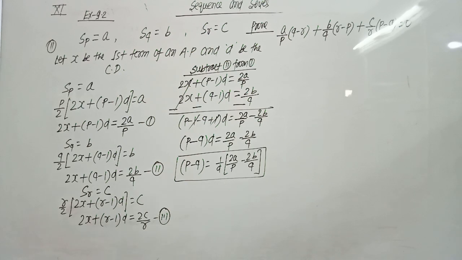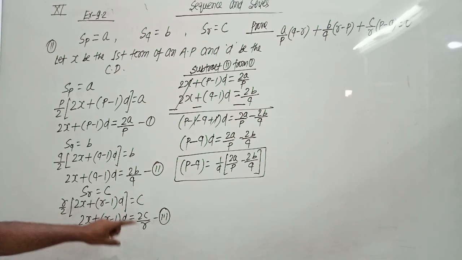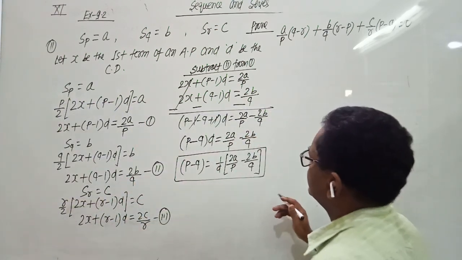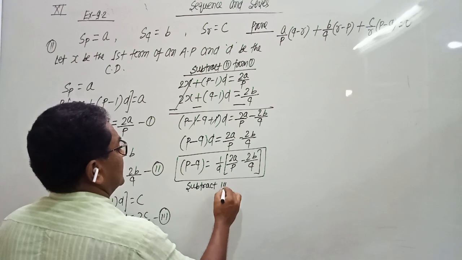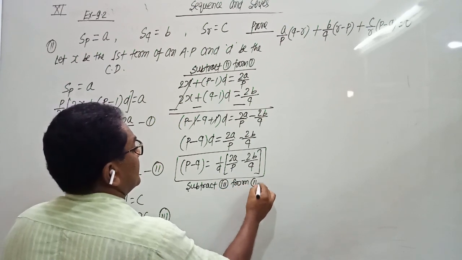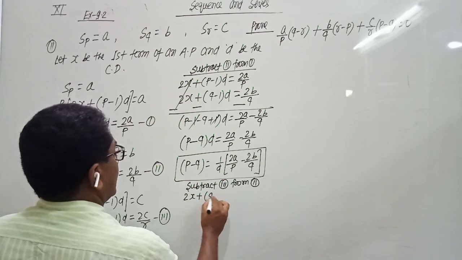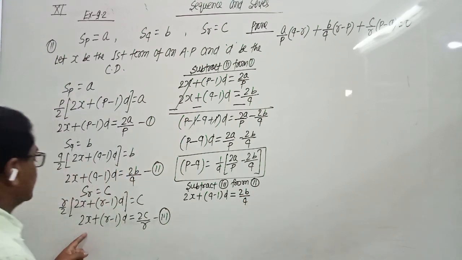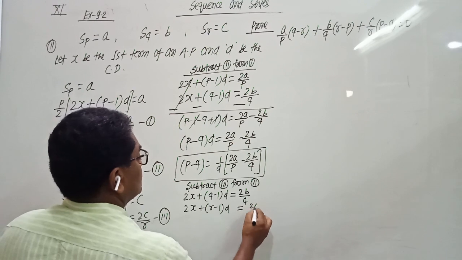Now we find q - r. Subtract the third from the second. The second equation is 2x + (q - 1)d = 2B/q, and the third equation is 2x + (r - 1)d = 2C/r.